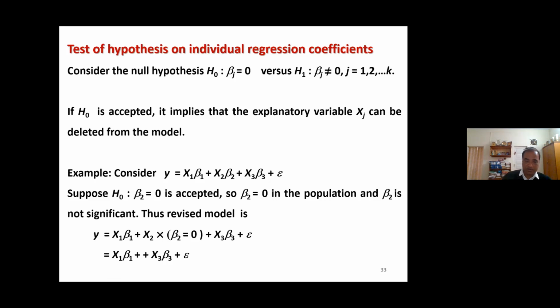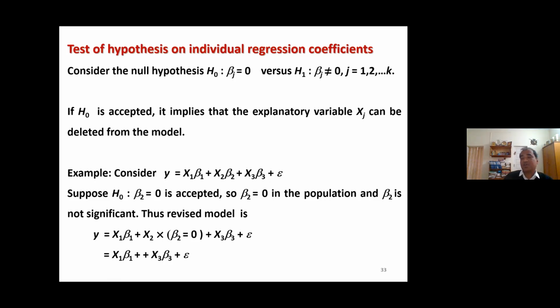So the revised model can be x1 beta 1 plus x2 into 0 plus x3 beta 3, which becomes x1 beta 1 plus x3 beta 3 plus epsilon. Well, there should be only a single plus sign; by mistake, there are two plus signs. So now you are saying that in this case x2 is not an important variable, and so you are dropping it.